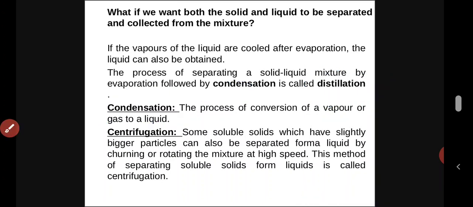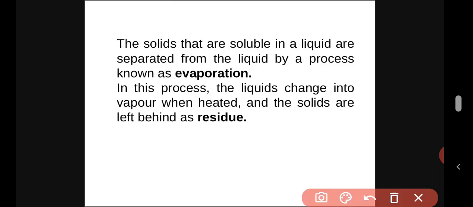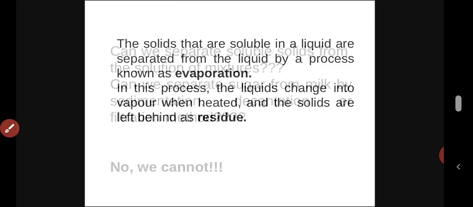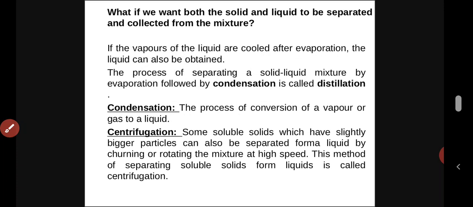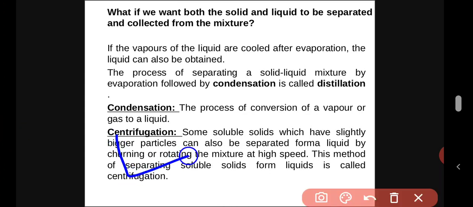So how can distillation be used to separate a mixture of salt and water? The mixture of salt and water is poured into a flask and heated.